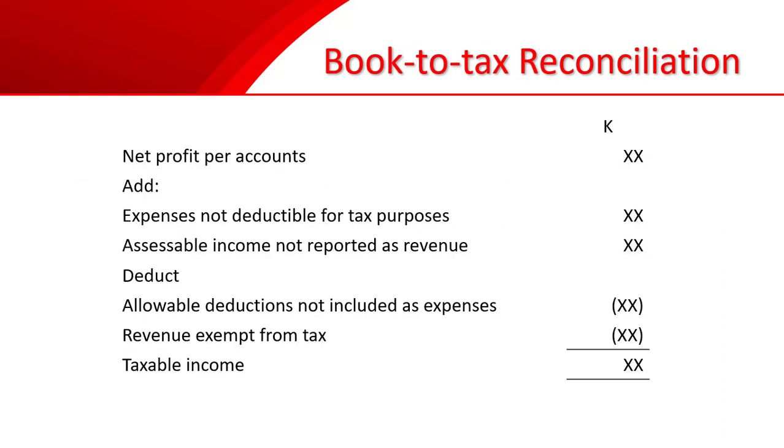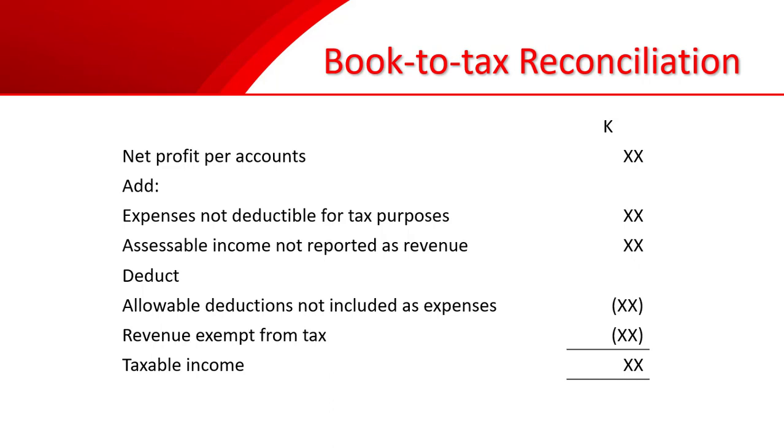An example of the format that we can use in doing the book to tax reconciliation: we start with the net profit per accounts, which is the net profit before tax.